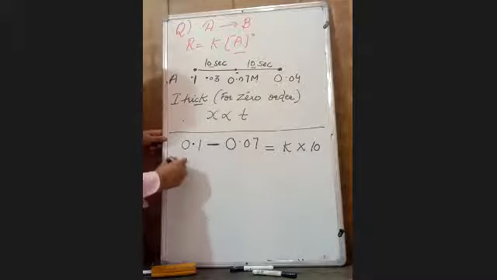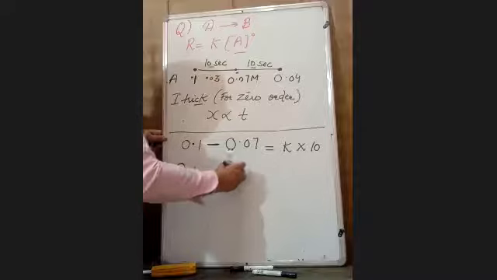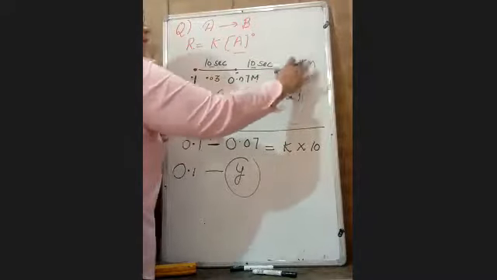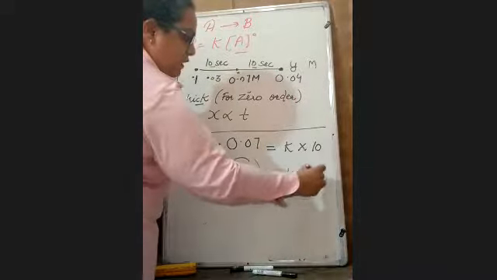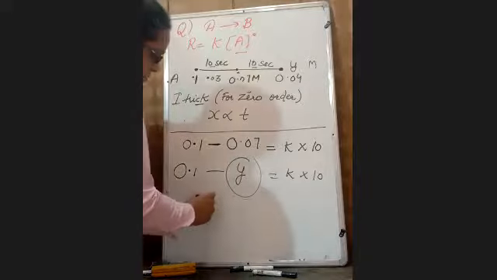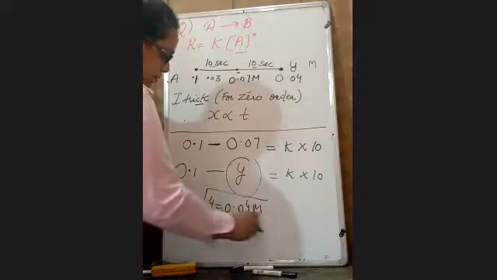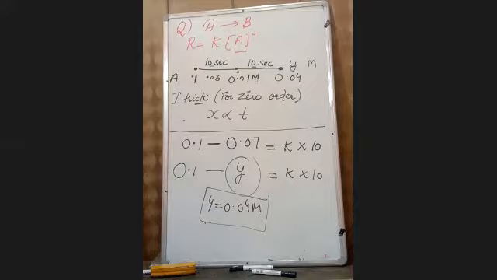And from 0.1 to 0, we have to calculate this. Suppose I am writing this Y molar. It is also K into 10. These are two equations. You can solve it. From here also, the answer will be 0.04 molar. Fine. Last one is the conventional method.